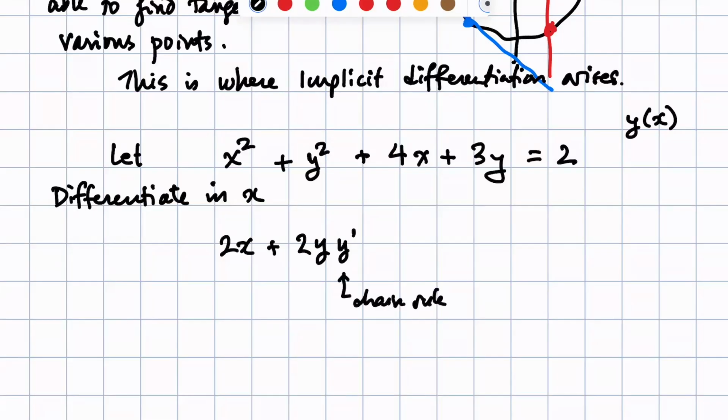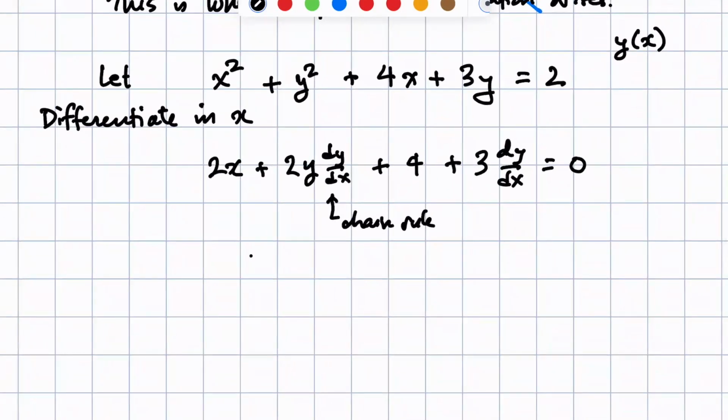This y prime, you can write as dy dx. You're differentiating in x, so that becomes a 4, and then you're differentiating in y again, so that's 3 dy dx, and then you get 0.